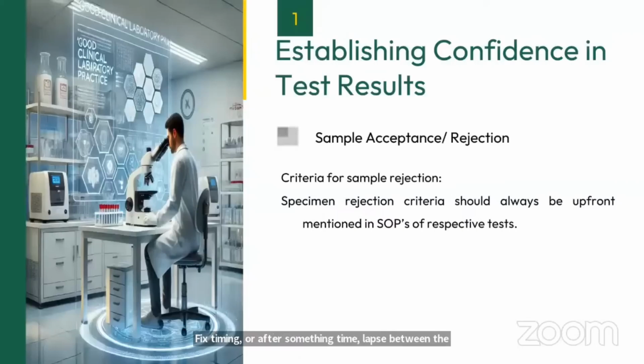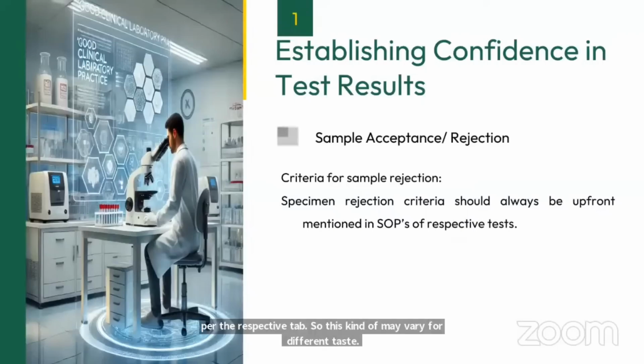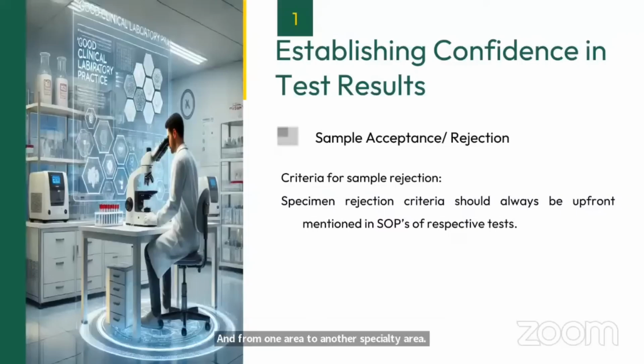Those criteria should be available in your SOPs as per the respective test. These criteria may vary for different tests and from one specialty area to another. That is why we want them to be predefined criteria.